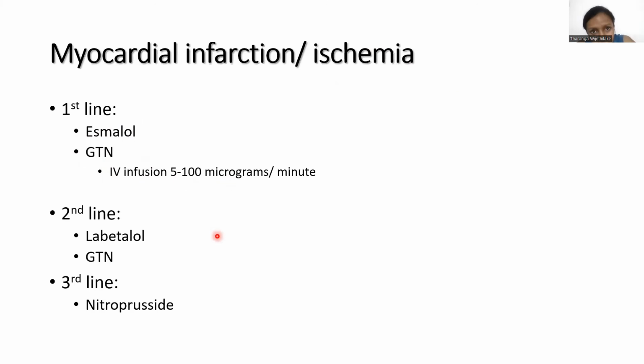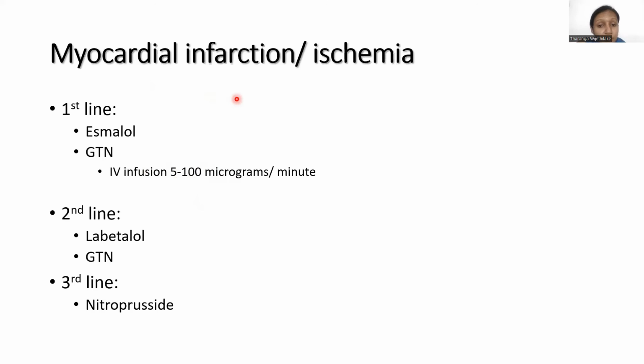You start at 5, double every 5 minutes up to a maximum of 100. And there are very special instances where you could double this maximum dose, but I would suggest you need a specialist opinion before you do that. Very easy to remember. Start at 5, double every 5 minutes, and go up as you need.